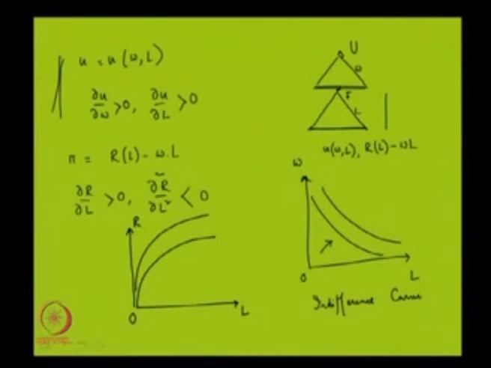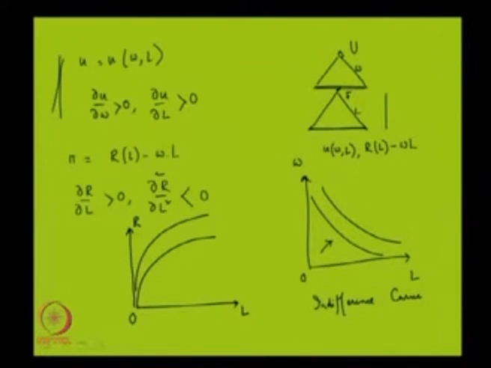So, these could be different R curves for different parameters. In particular, in general, R could be a function of not only L but other parameters also.